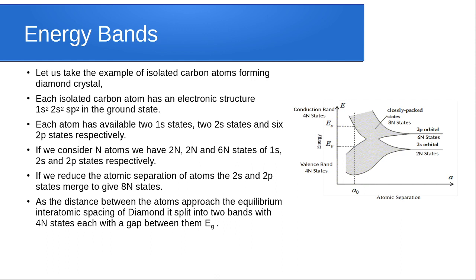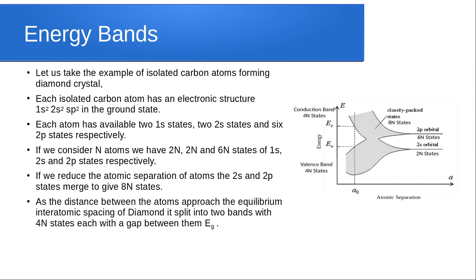If we look into the isolated carbon atom, it has an electronic structure 1s2, 2s2 and 2p2 in the ground state.